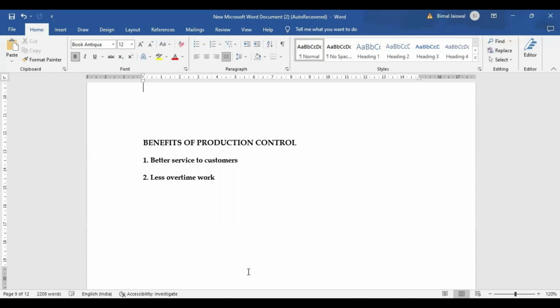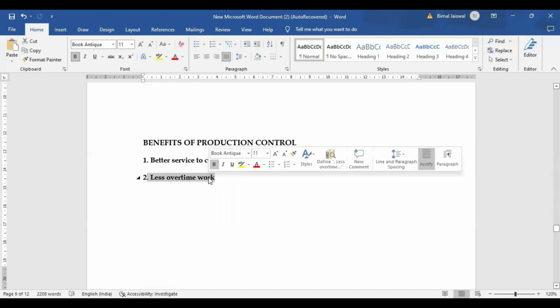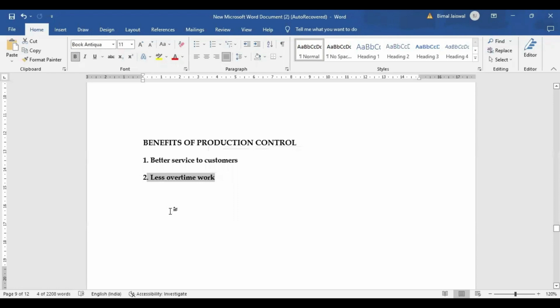Control will also look at the schedule of operation. For how many hours the machine and the plant has operated, for how many hours a laborer has done his work, and as per the norm, whether the production activities have been run or not.